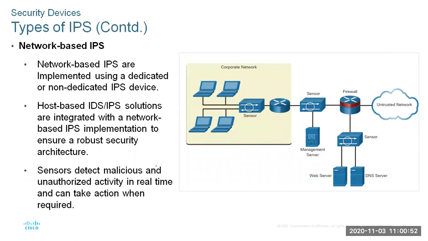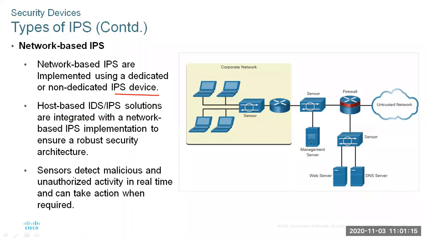The network-based intrusion prevention systems are implemented using a dedicated or non-dedicated IPS service. The host-based IDS solutions are integrated with a network-based IPS implementation to ensure a robust security architecture.